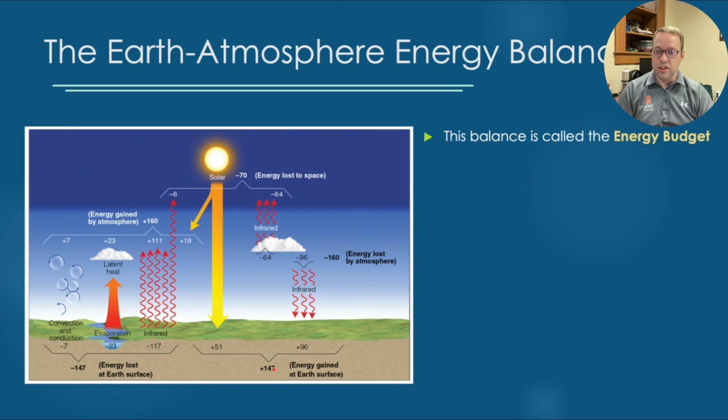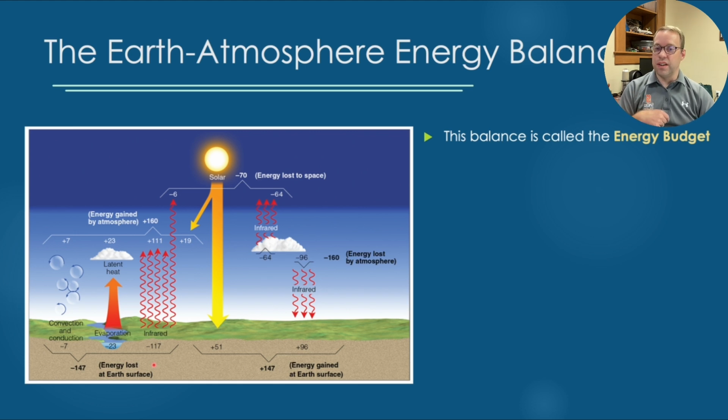The difference between 147 and 117 is 30. And again, that's not a hard number. It changes from day to day and from season to season, but we'll carry on with this example. There's a surplus of 30 units of energy. Where does that energy go? We'll talk about that in a second.